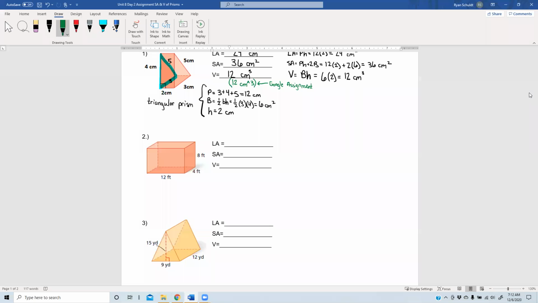Since everything's a rectangle, this is a rectangular prism, and the rectangle it sits on is its base.